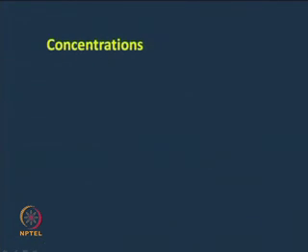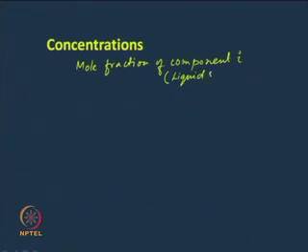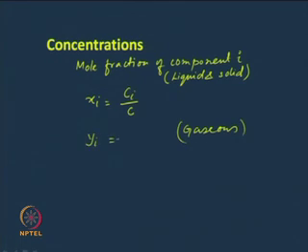Mole fraction of component i for liquid and solid systems can be represented as Xi is equal to Ci by C. For gaseous components, it is represented by Yi, which is equal to Ci by C. If the gas components are ideal gas mixtures, then this will be Pi by Pt.